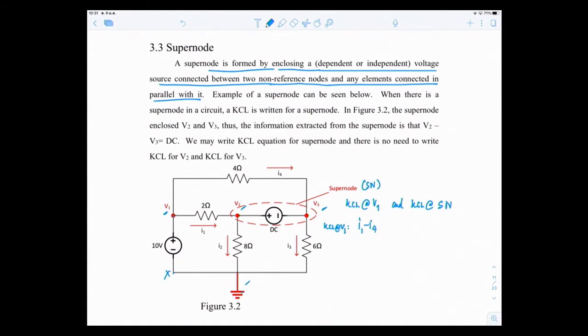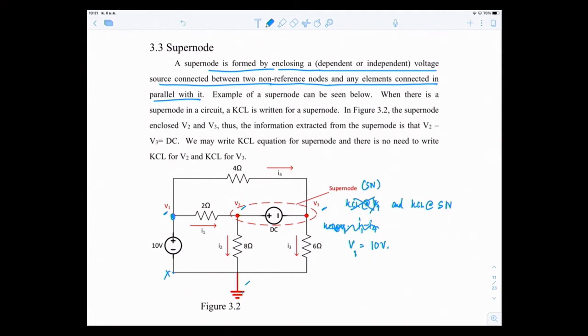Actually, wait a minute, we don't even have to write it for V1, because V1 is already known to be 10 volts. Here the node voltage is given. So we only have to write KCL at the supernode, and we don't have to write KCL at V1.